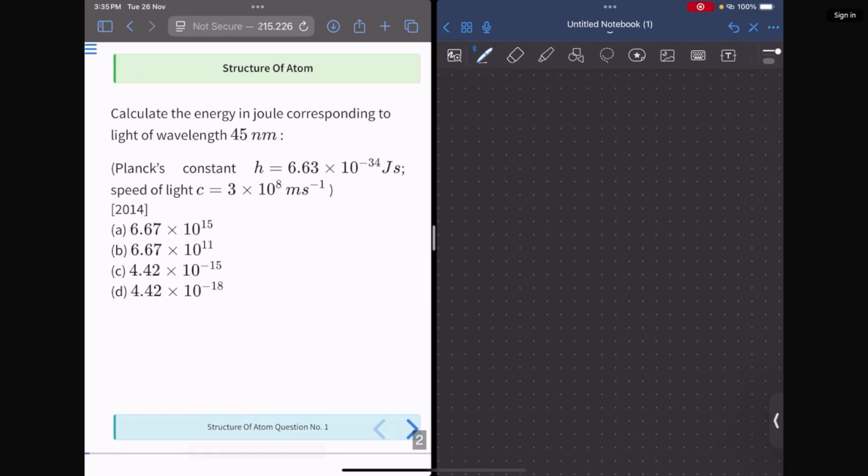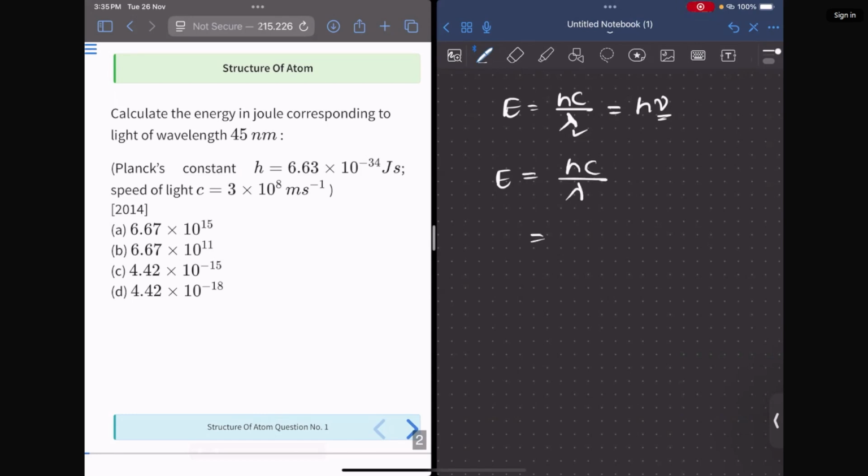The formula for energy of the wave is E equal to hc by lambda or h nu, where lambda is the wavelength and nu is the frequency. Here the wavelength is given, so we can use the formula hc by lambda. So E is equal to hc by lambda.